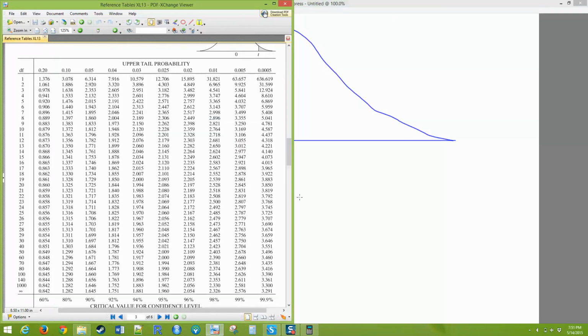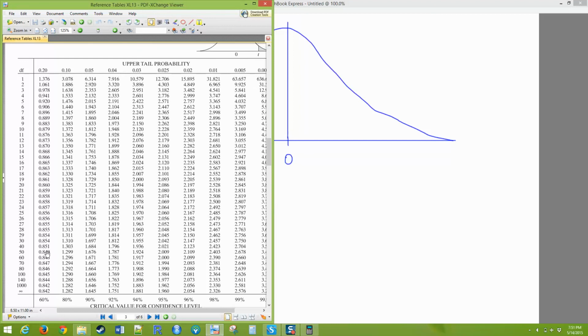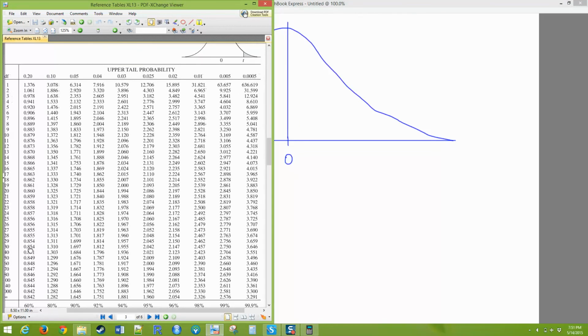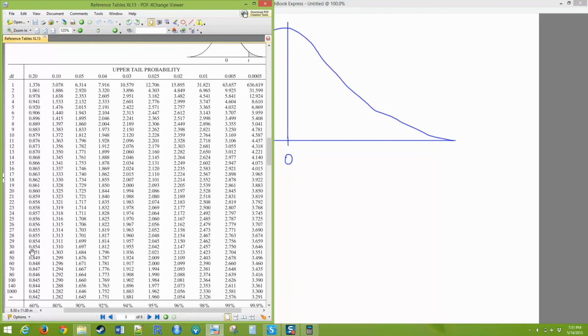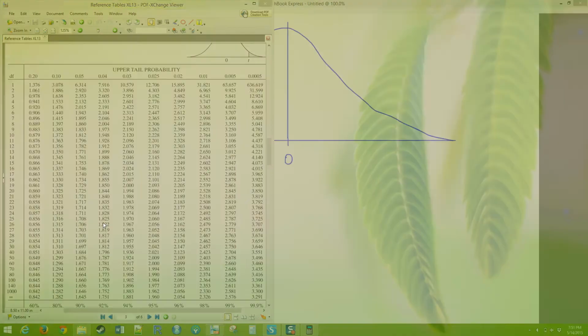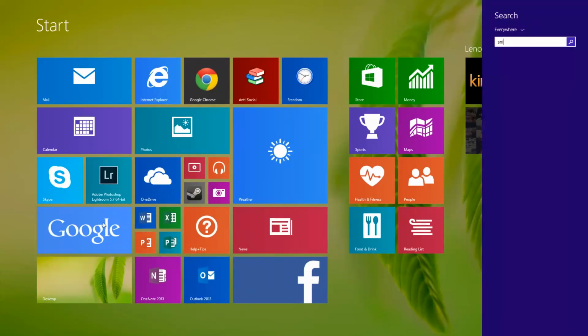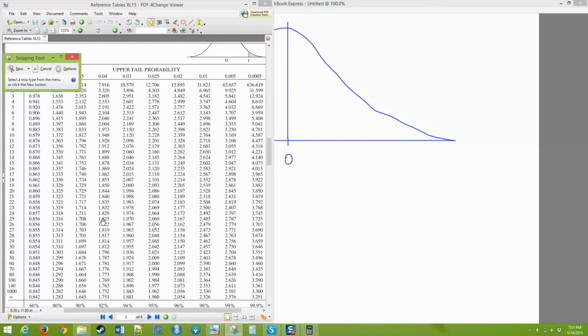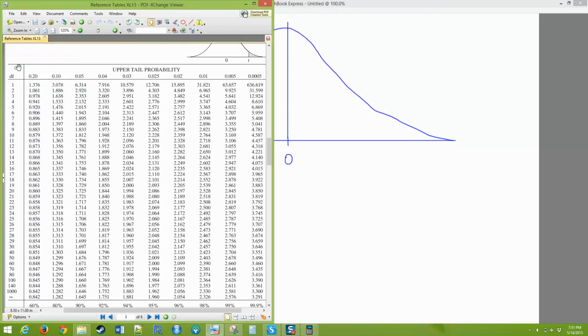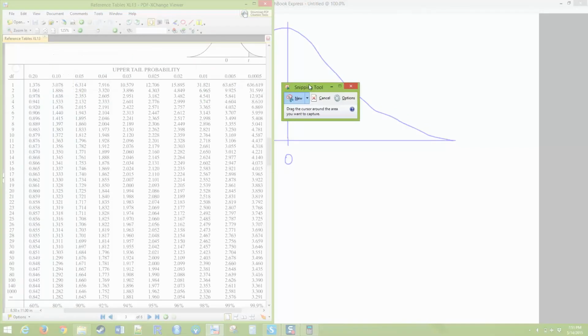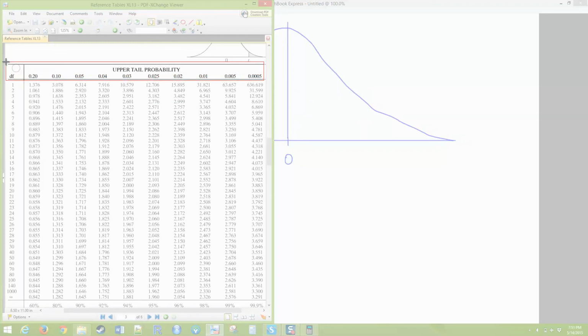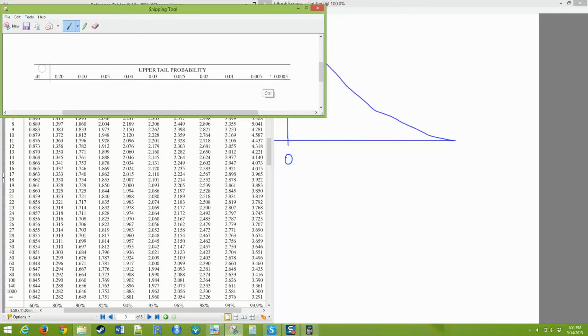And let's just take a look at this row with 30 degrees of freedom, okay? Our very first number, let me see if I can copy this. Where's the snipping tool? Okay, so I'm going to copy this column headings.